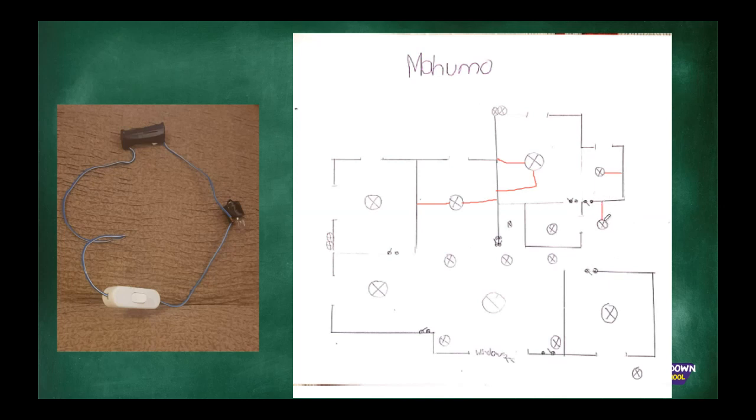Anything close to that would have been 100% correct. Remember, this isn't a perfect drawing. Electricians do this a whole lot better than we can. This is just to show you how Mohumo could have connected his wiring, basically just connecting all the light bulbs to the wiring.